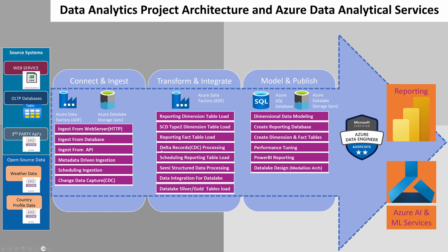Here we are calling it delta records processing in the transformation layer. This is also the same. We insert new data in the ingestion layer, and when processing our transformation code, it needs to pick up only the new files coming into the ingestion layer. These are all the major operations we do to build the data analytical platform.